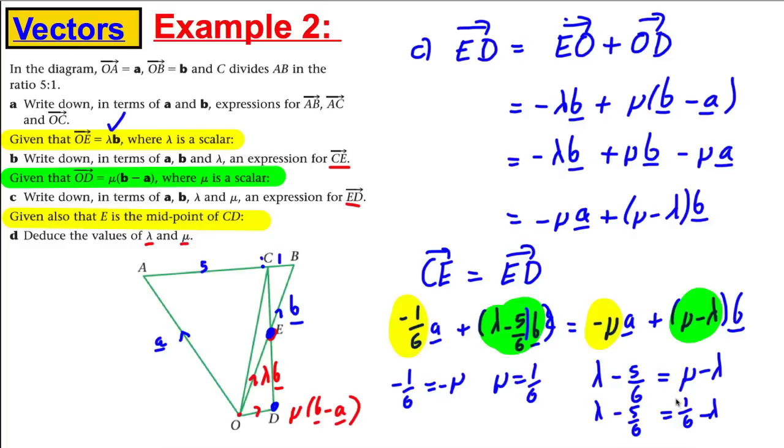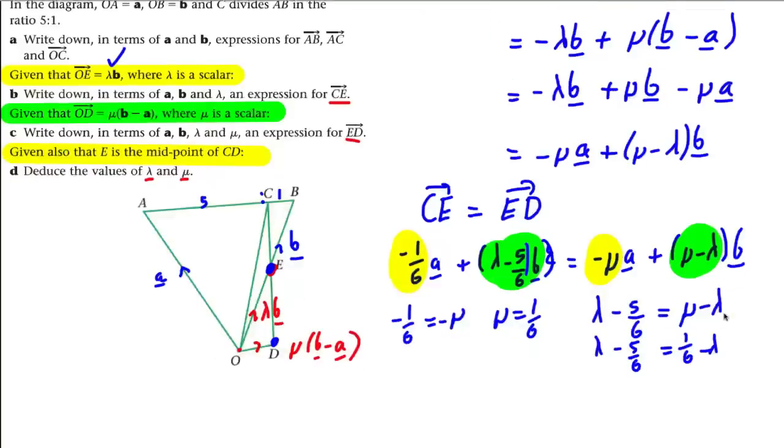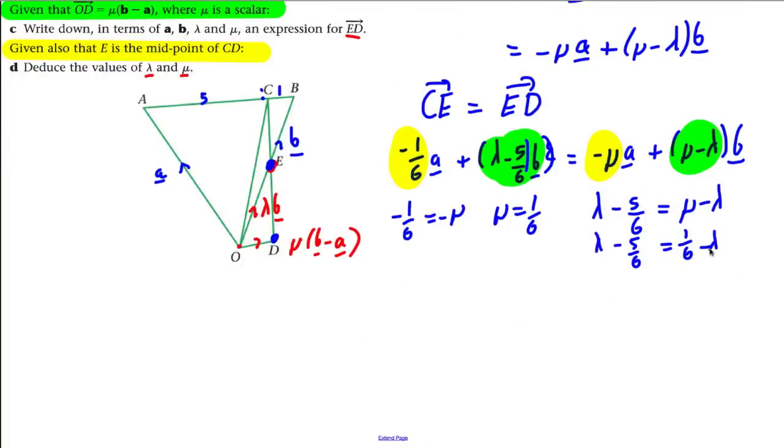Adding 5/6 to both sides and adding lambda, I'd get 2 lambda equals 1, so lambda must be a half. So our two answers for this question are lambda is a half and mu is 1/6.